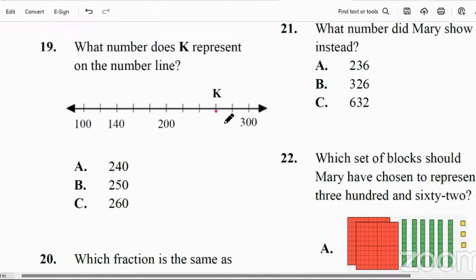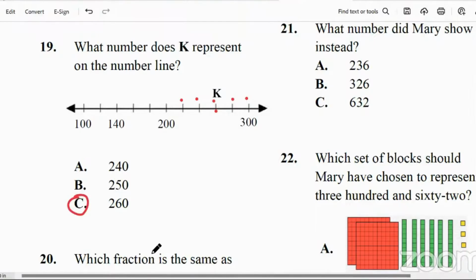Based on that, I'm going to assume that this one is 220, 240, 260, 280, and then we're at 300. So they're divided in that way. So when we get to K, that would have been 260. So the answer is C.